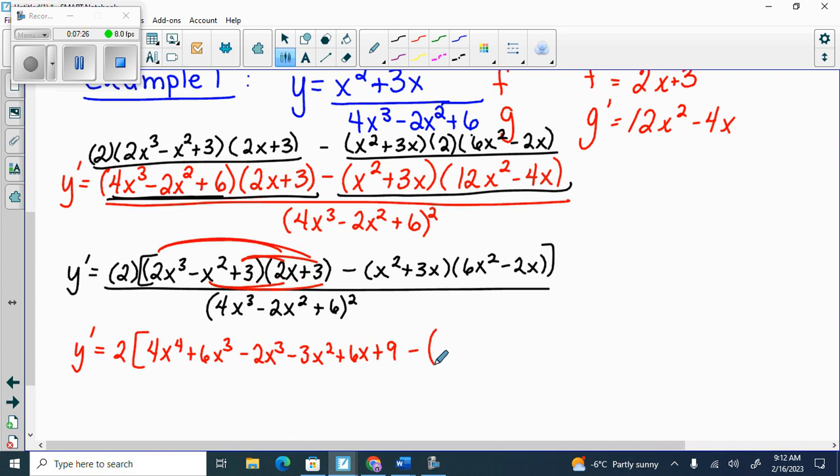Minus, in brackets, and I have to put in brackets because I'm going to FOIL those two brackets, right? But I still have to distribute the minus sign through.